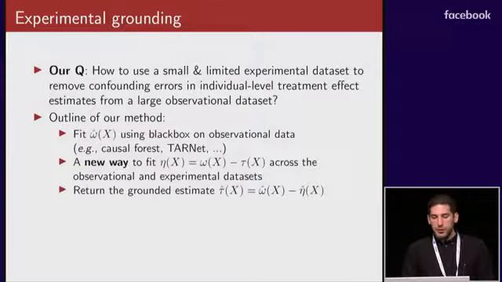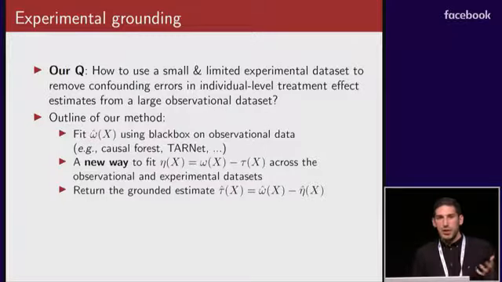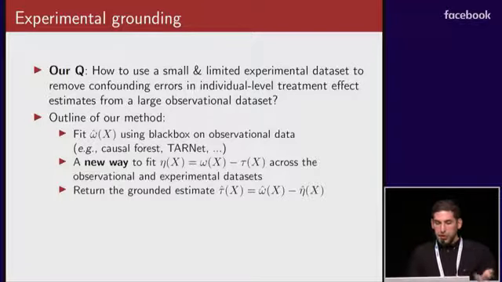Then we develop a new way to fit the difference between omega and tau, precisely the confounding error, call this eta, across the two data sets. Okay, so we compare the observational and experimental data sets and learn what this eta is. We then remove eta from omega in order to return the grounded estimate tau.